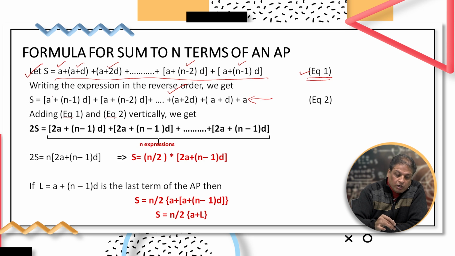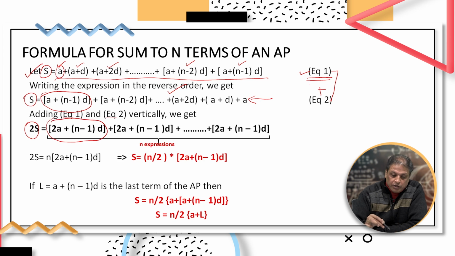Adding these two equations, equation number 1 and equation 2, vertically, all the expressions are added vertically. What you will get? S plus S will be equal to 2S. And a plus (n minus 1) into d, what you will get? 2a plus (n minus 1) into d.